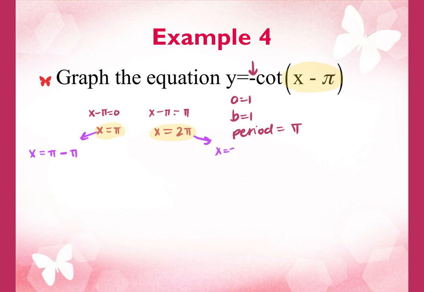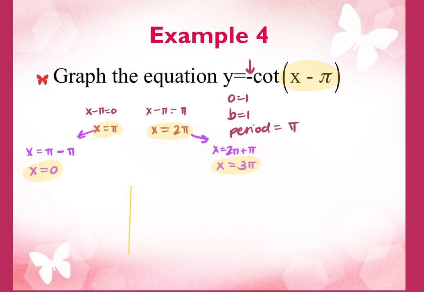One on the right, we're going to add the period. And I get x equals 0 for the first one, and x equals 3 pi for the last one. Those are your asymptotes.